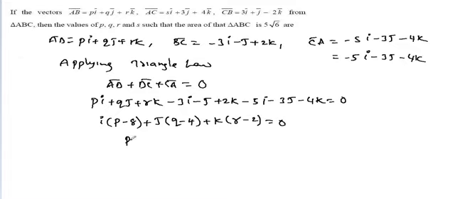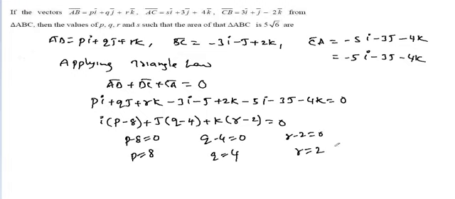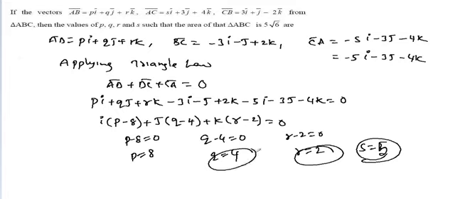From this P minus 8 is equal to 0, P is equal to 8, and Q minus 4 is equal to 0, Q is equal to 4. R minus 2 is equal to 0, R is equal to 2, and we know that the value S is equal to 5. These are the values of P, Q, R, S.